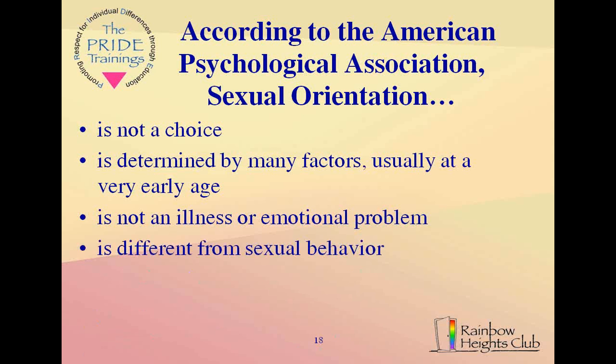Sexual orientation is different from sexual behavior. What do I mean by that? I mean two different things. For one thing, just having had same-sex sexual behavior doesn't necessarily make you gay. There's lots of contexts where people have a limited range of options, for instance, prison or the military or other places where you just don't have the range of choices that you might have in another context.